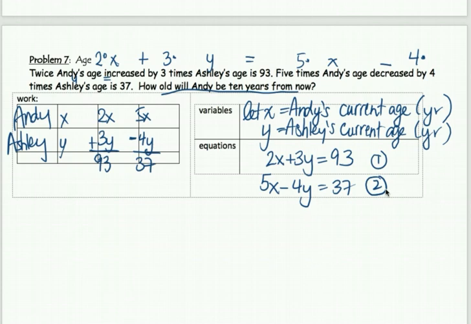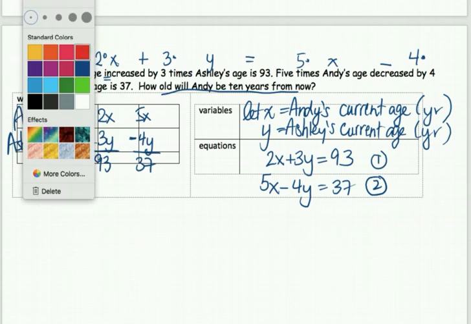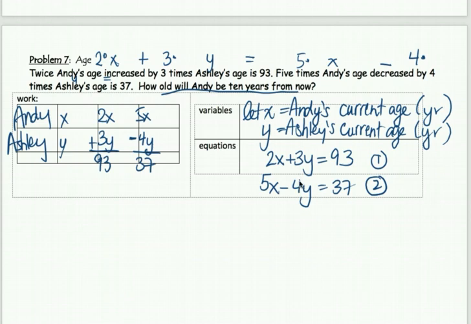Whatever method you want to use, I'm going to go with elimination again, because everything's already lined up: the x's, the y's, the equal sign, and the constants. This one is a little more complex than the ones above. The x and y coefficients are not the same, and I can't simply multiply one equation by a number to make it work.